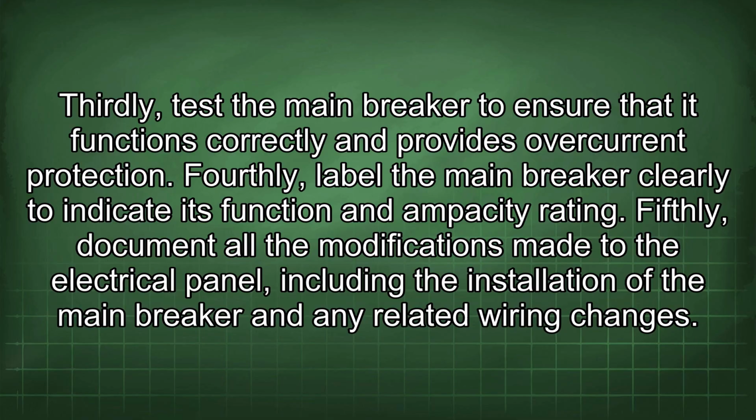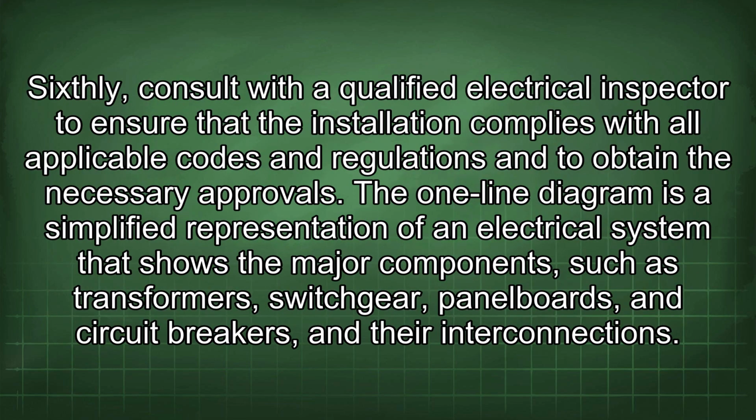Fourthly, label the main breaker clearly to indicate its function and ampacity rating. Fifthly, document all the modifications made to the electrical panel, including the installation of the main breaker and any related wiring changes. Sixthly, consult with a qualified electrical inspector to ensure that the installation complies with all applicable codes and regulations and to obtain the necessary approvals.